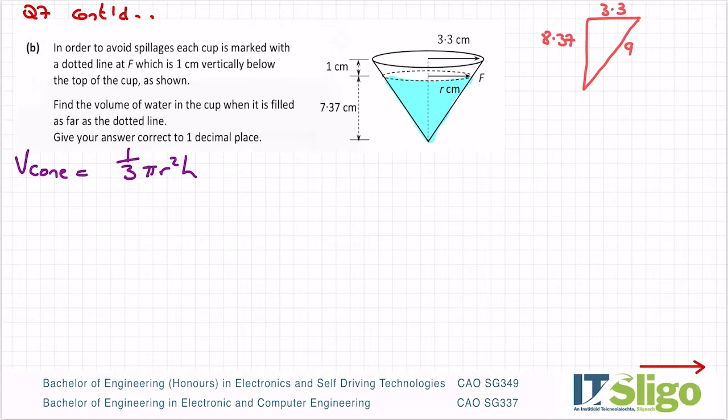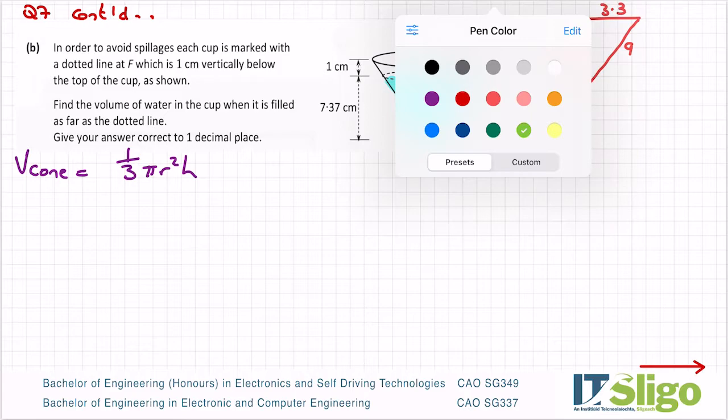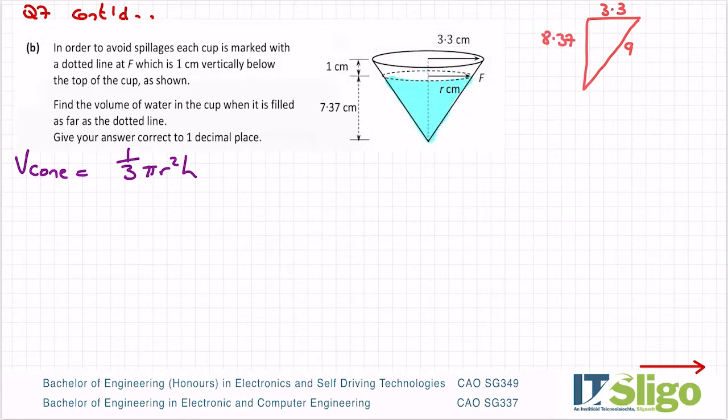Okay, so that's the bigger one, if I can call it that. And then there's a smaller one here that's just got the blue water in it. So let's draw him. Okay, so he is my radius that I'm trying to find. He is 7.37, and I don't know the slant height here either.